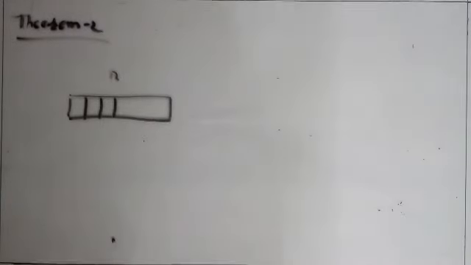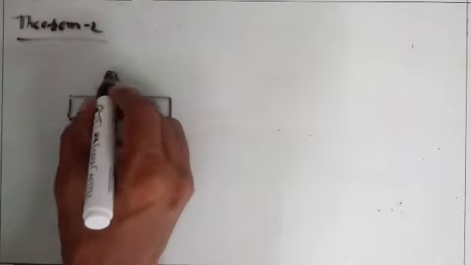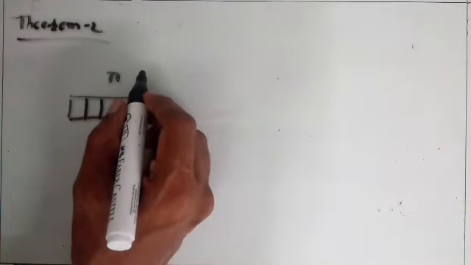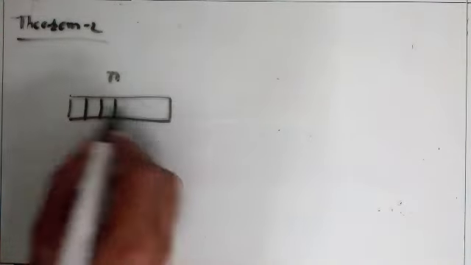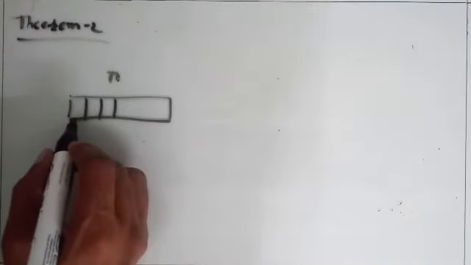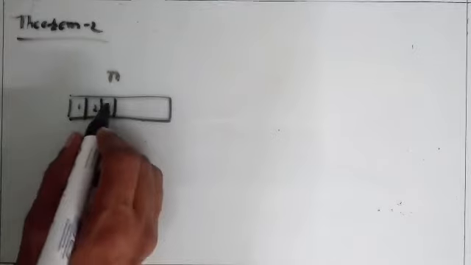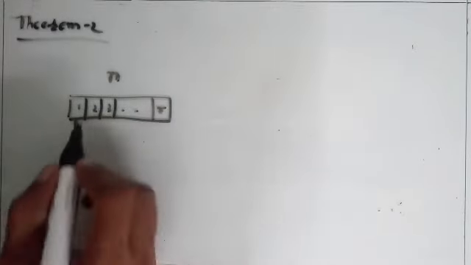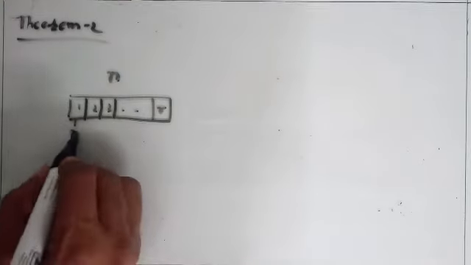Now theorem number 2: the number of permutations of n different objects taken r at a time, if repetition is allowed. If we have n objects and permute r objects in r places with repetition, we have total places 1, 2, 3 up to r. The first place can be filled in n different ways.